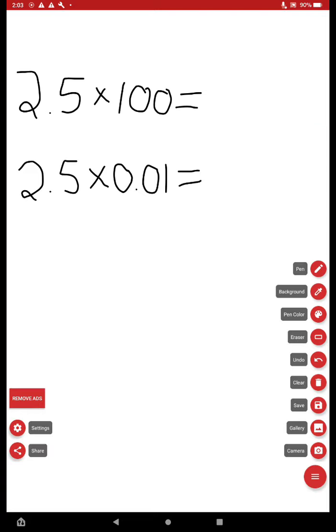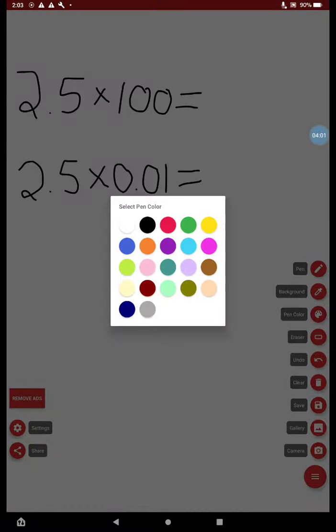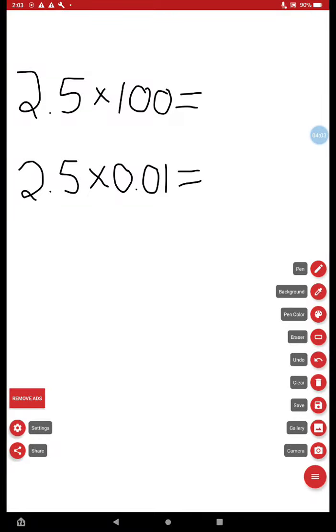All right, now when I multiply it by 100, I'm going to shift that decimal point over 2 places. So we put 2.5, and now let's shift it to the right. 1 place, 2 place. My decimal point's now here. And you might say, uh-oh, there's nothing right here.